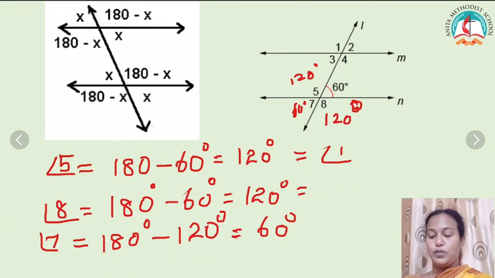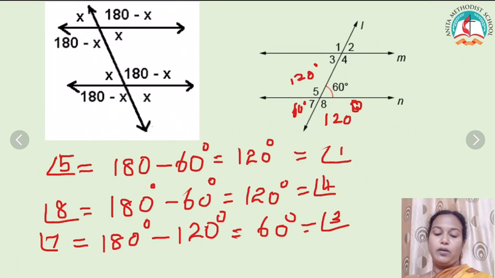Then angle 4 is also 120. Right? So angle 7 is 60. Angle 7 and angle 3 are corresponding angles. So angle 7 is 60, which means my angle 3 is also 60.